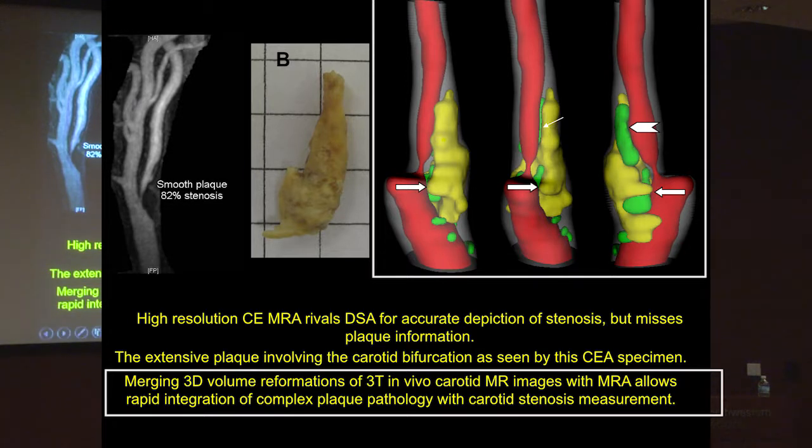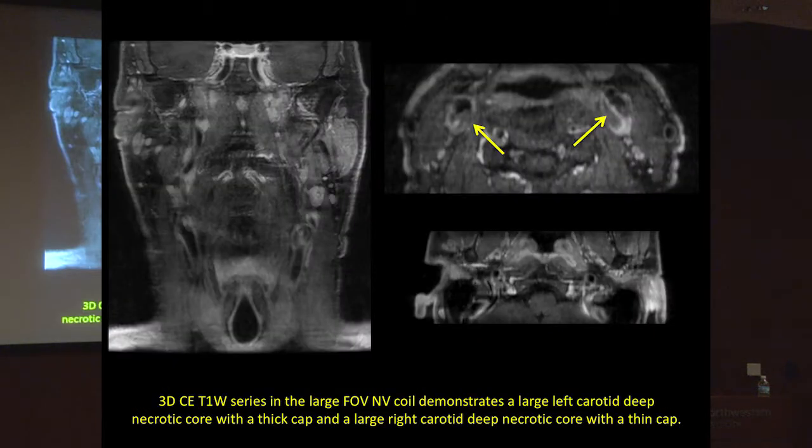We decided, sure, the lipid-rich necrotic core should look like chicken fat yellow. And although admittedly these look a bit cartoonish, they're actually based on very rigorous science, and I find it's the best way in research mode to get across complex plaque anatomy to a clinician, and you're going to see I will use these a lot through the rest of the presentation.